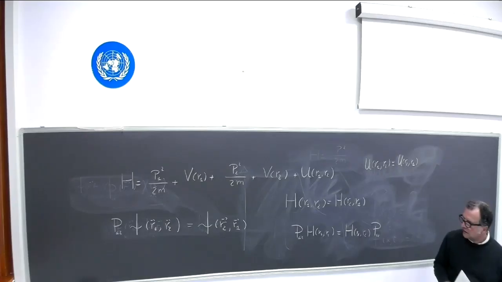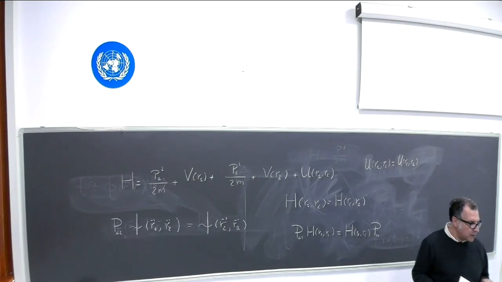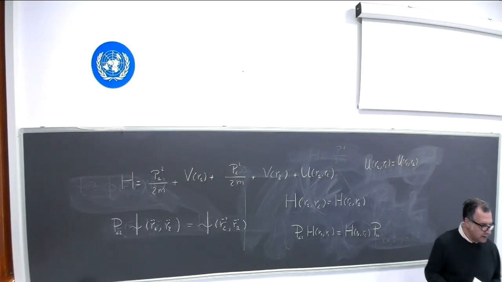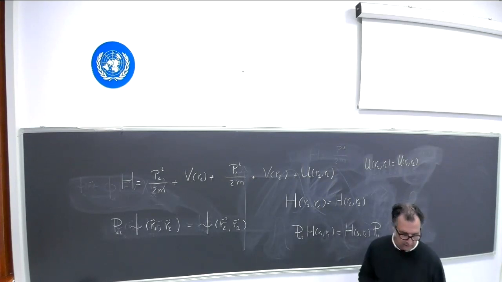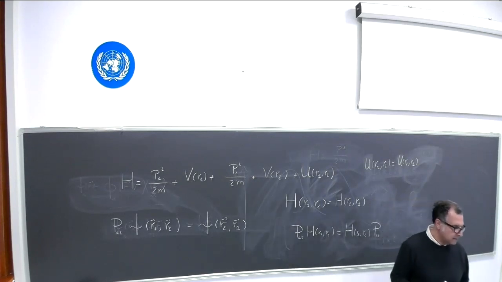First of all, can you tell me the possible eigenvalues of the exchange operator P? Now, if you apply it twice, what does it mean? What is P squared?